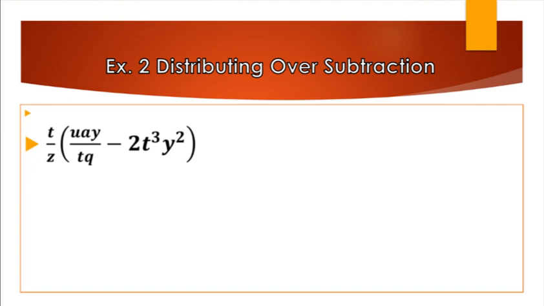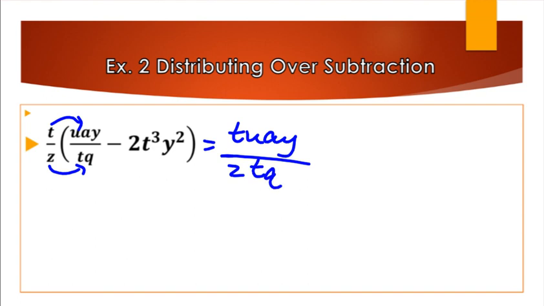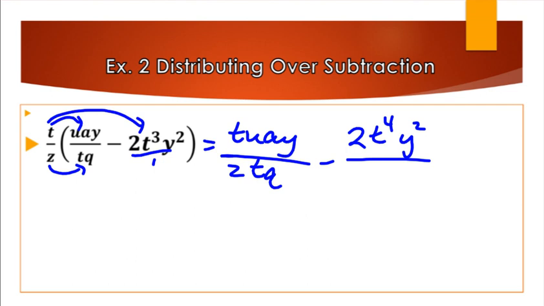Next one, t times uay is tuay over z times tq, ztq, minus, remember this is over 1, so t times negative 2t to the 4th y squared over z. I'd like to see if there's anything that we can cancel or simplify.